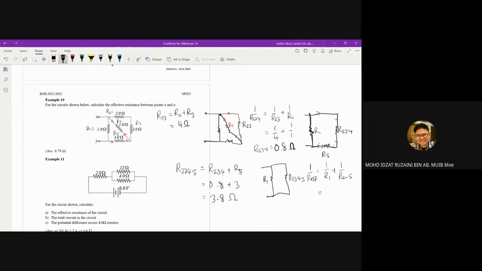Okay, so 1 over R1 ialah 1 plus 1 over 3.8. So R effective is equal to 1 divided by 1 plus 1 over 3.8. Kamu akan dapat answer 0.79. Okay, so 0.79.